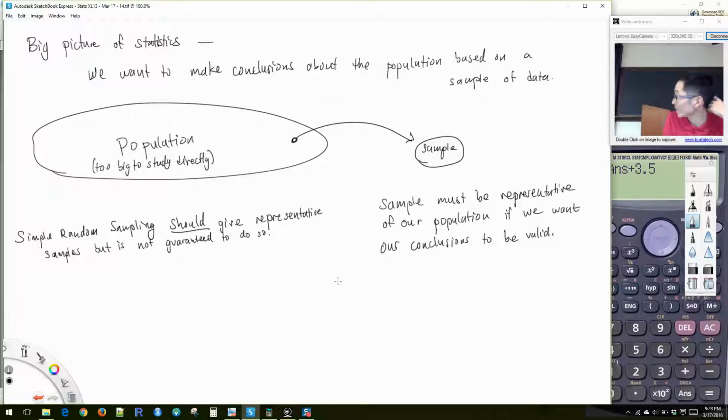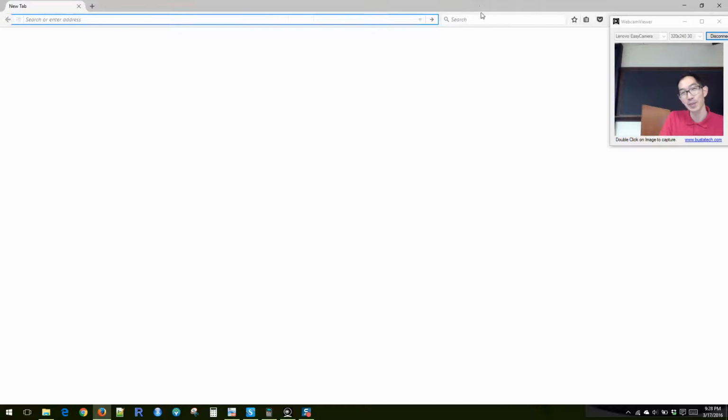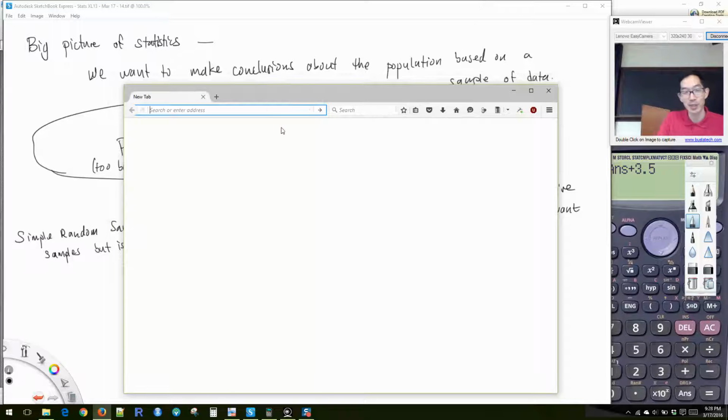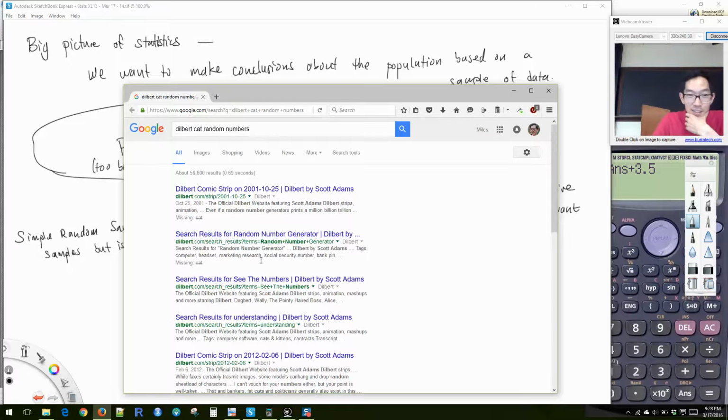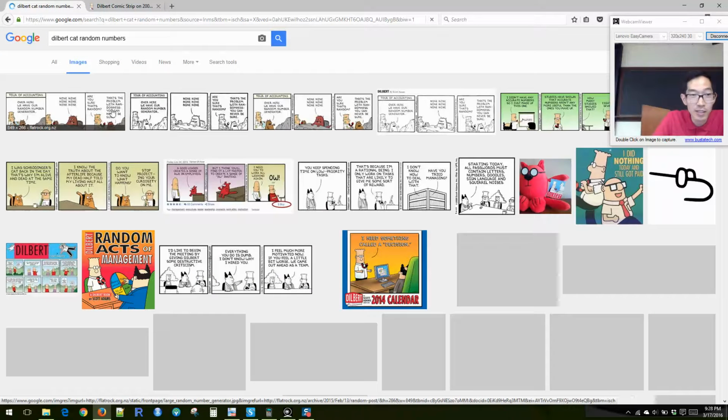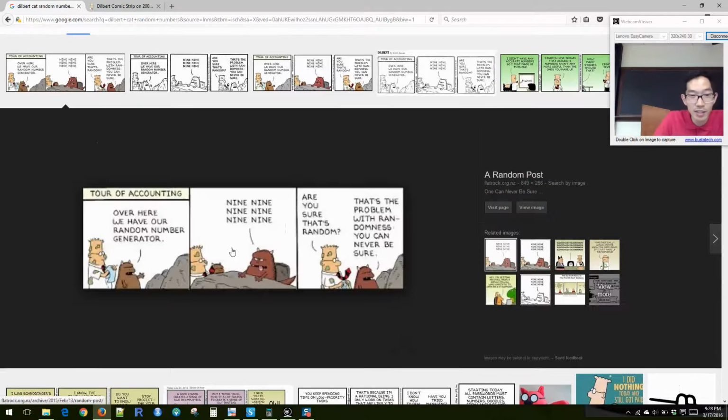There's a funny, again, maybe not exactly funny, but there's a comic. Let me see if I can find it. I'm in the mood for finding these dumb comics here. All right, Dilbert Cat Random Numbers. Is this it? Here, okay.